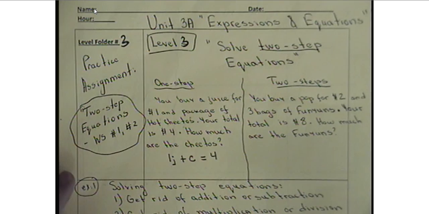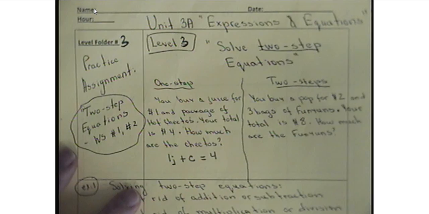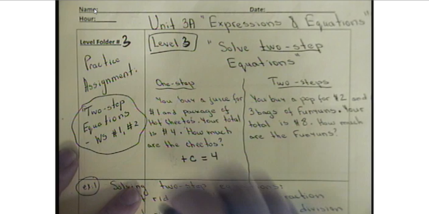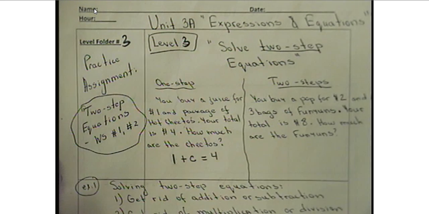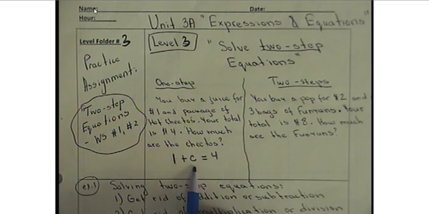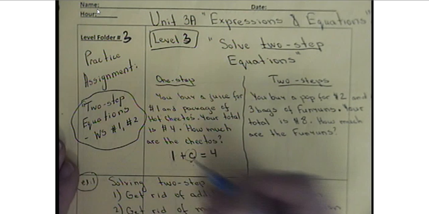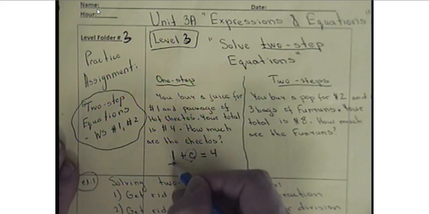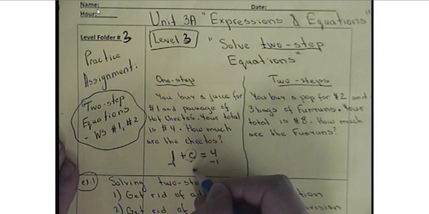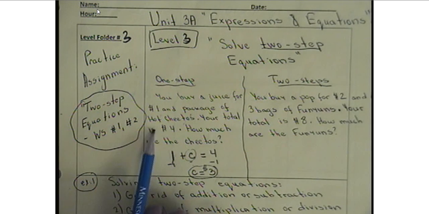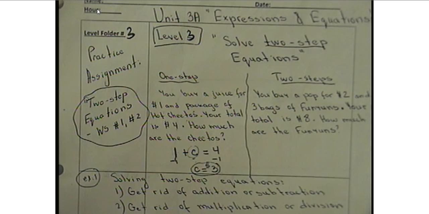Now, because the juice is already given to us as a price, we don't need to put J for the juice, we just put 1. So $1 plus Cheetos, that we don't know how much cost, equals total of $4. And we remember, in order to solve for C, this is positive 1, so we're going to subtract 1 from both sides and we'll get that Cheetos cost $3, right? If the juice is $1 and the Cheetos are $3, then definitely you spend total of $4.